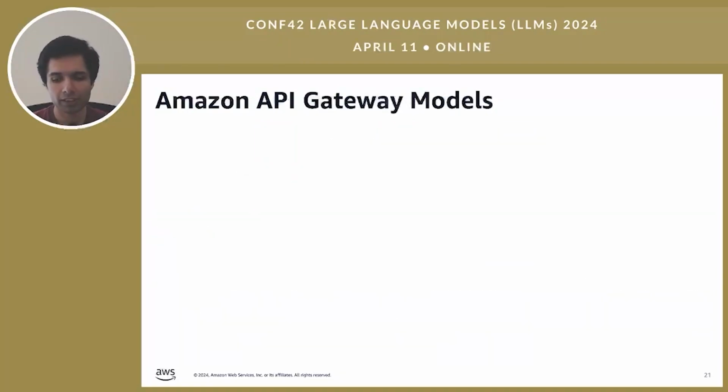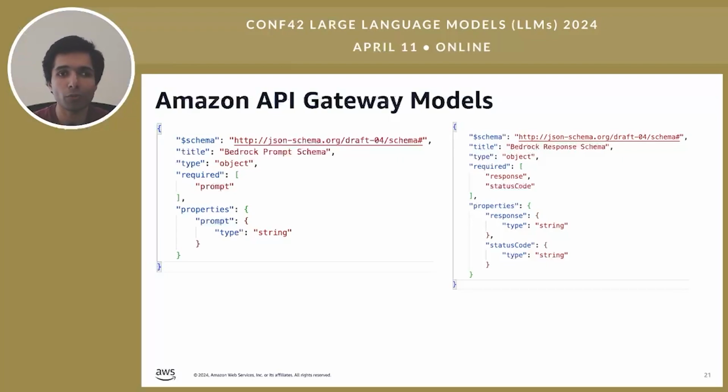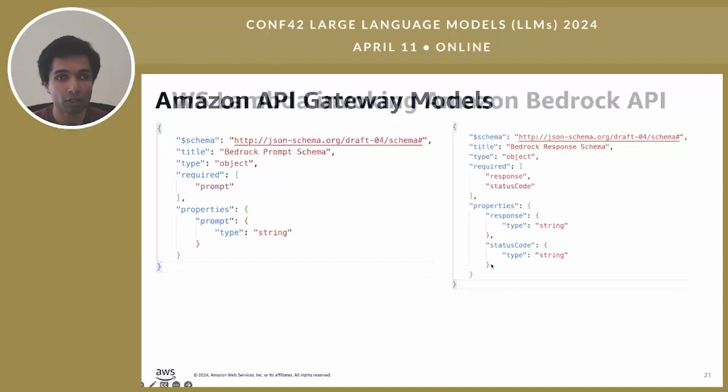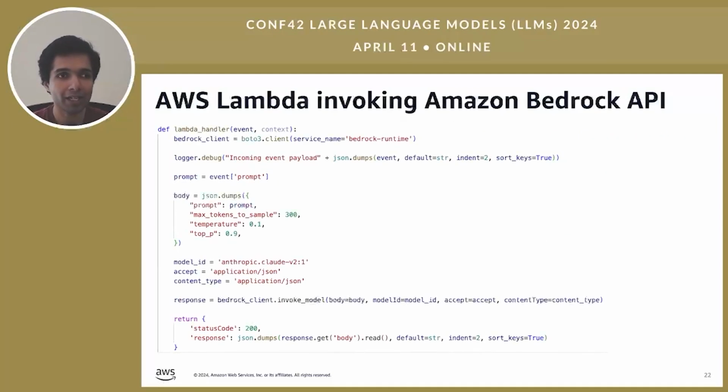For this particular example, let's consider that you have two models which you have created for your request and response payload. The request says that you need to have a prompt going in, and the response says that you have a response coming back and a status code coming back. When you want to invoke the Amazon Bedrock endpoint, you're going to be writing a very simple Lambda code, which is going to be using the Boto3 API.